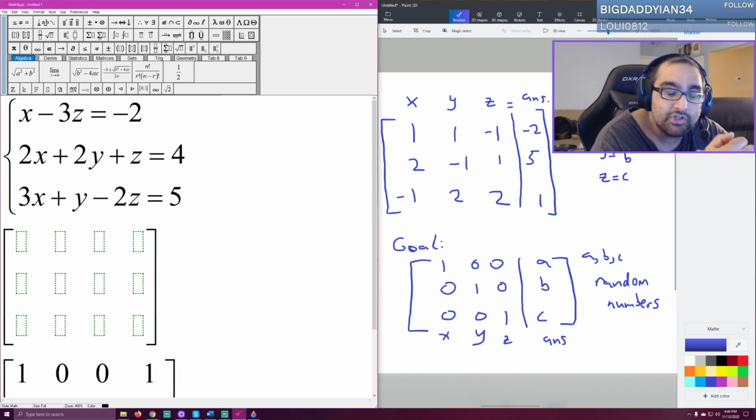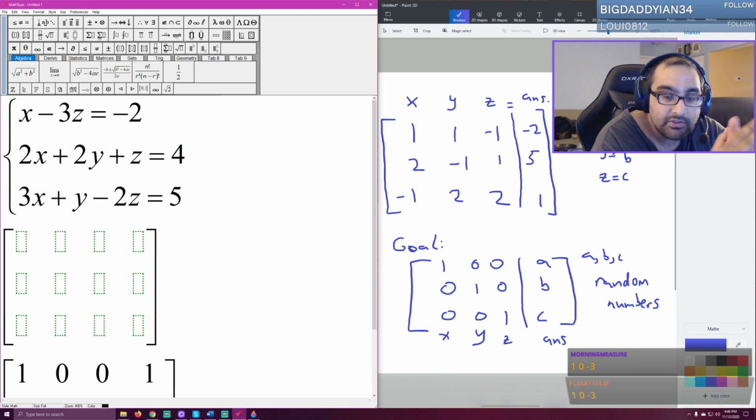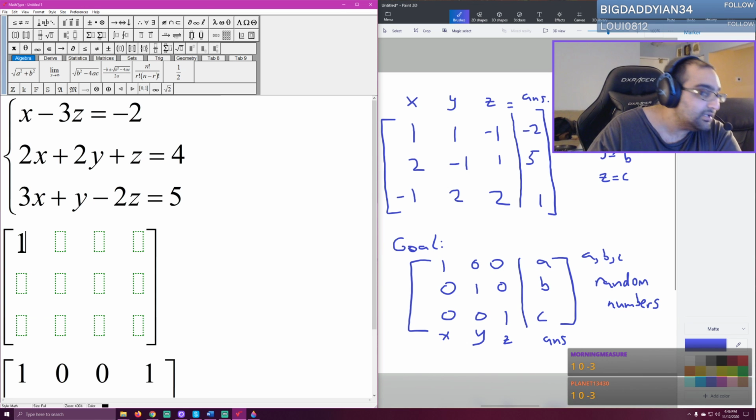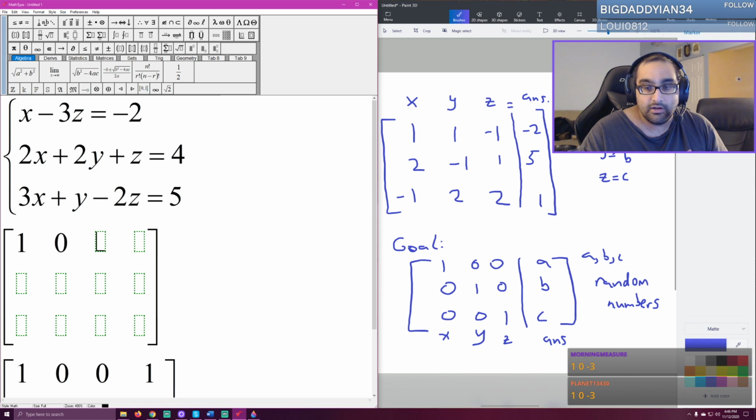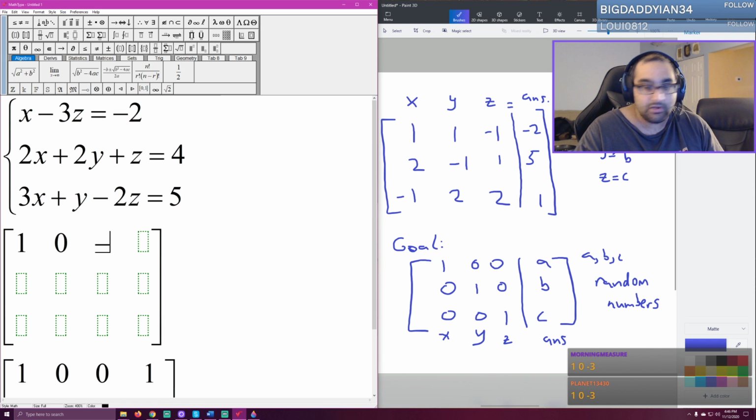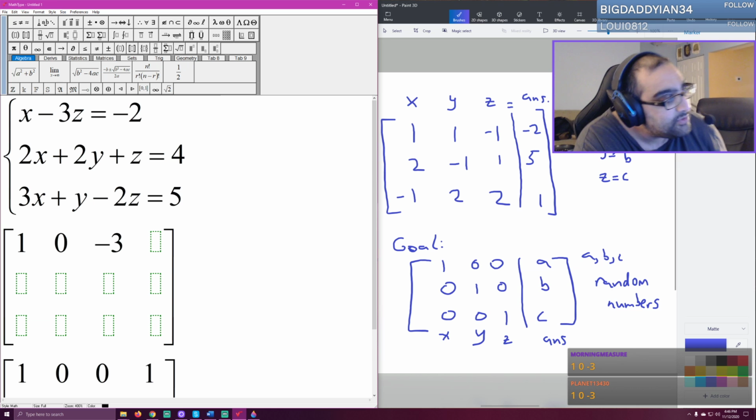What numbers should I put in the first row of the matrix? 1, 0, and minus 3? Okay, good. Just those, though? Just 1, 0, and minus 3? That's it?